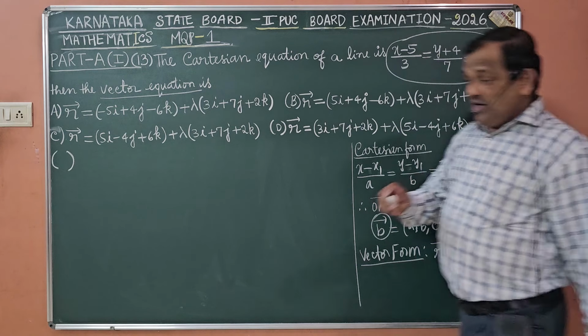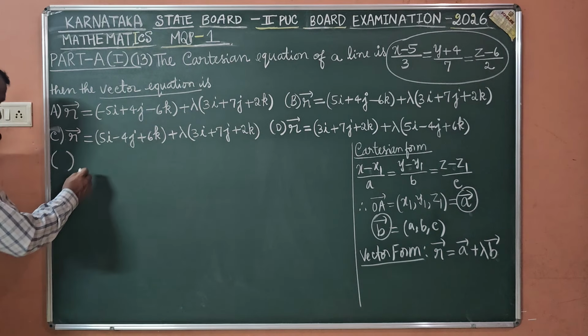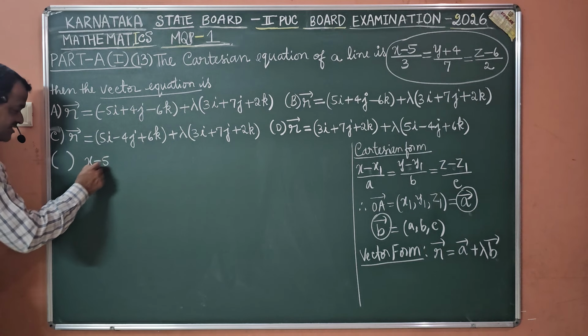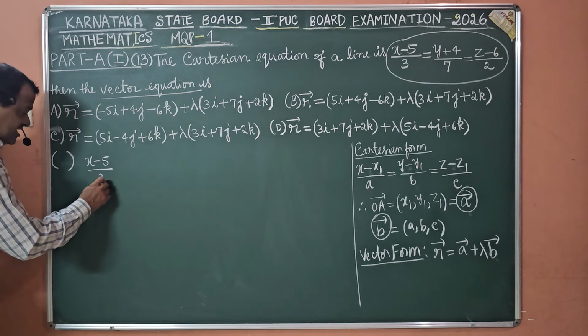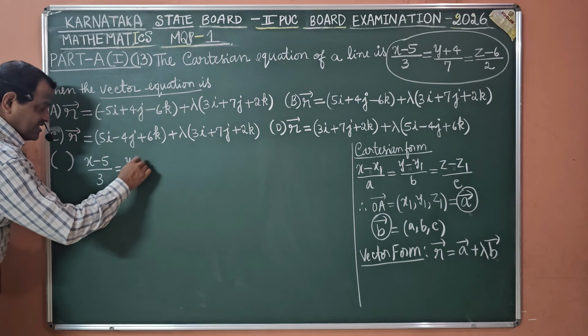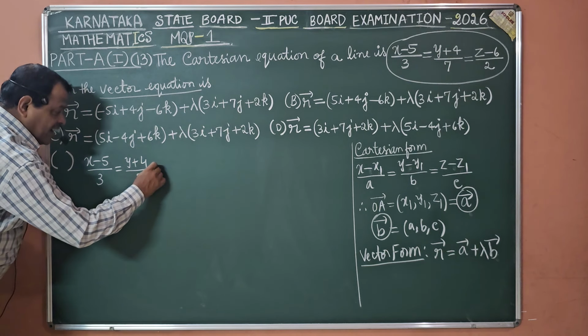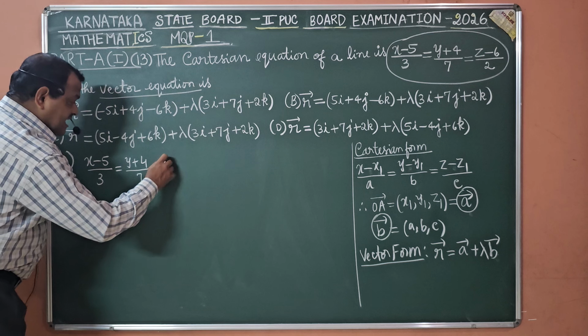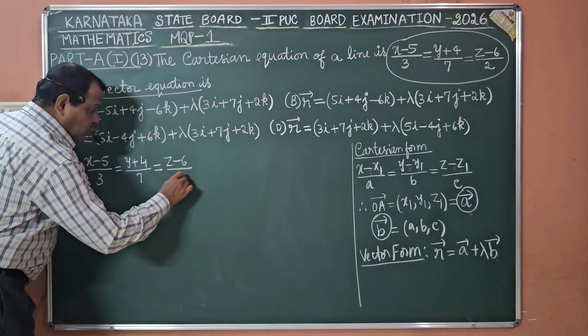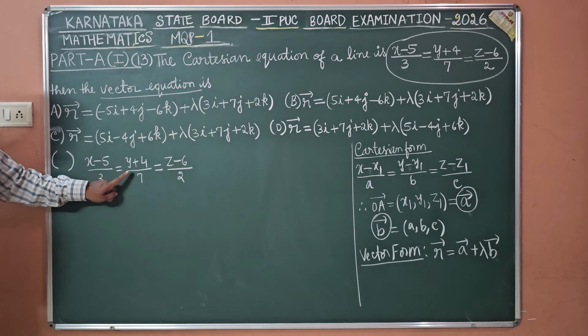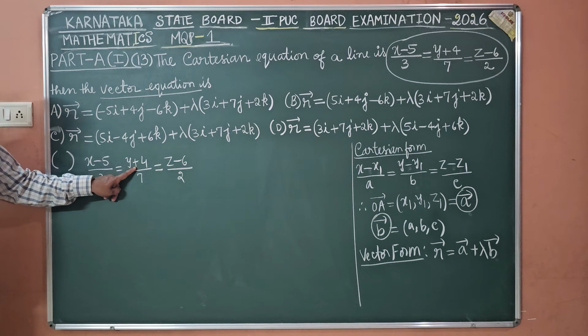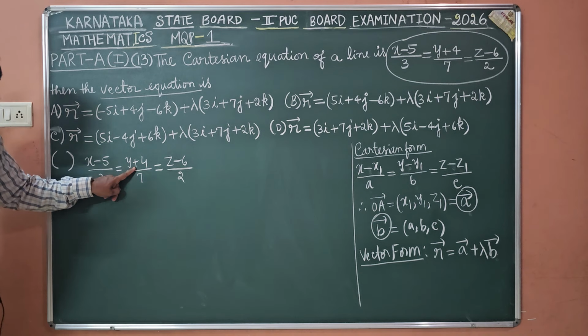Now come to our given line. Our given line is x minus 5 by 3 is equal to y plus 4 by 7 is equal to z minus 6 by 2. First thing you observe, in the middle ratio, in the numerator we don't have minus, we have plus. Therefore, this plus we have to write as minus of minus.